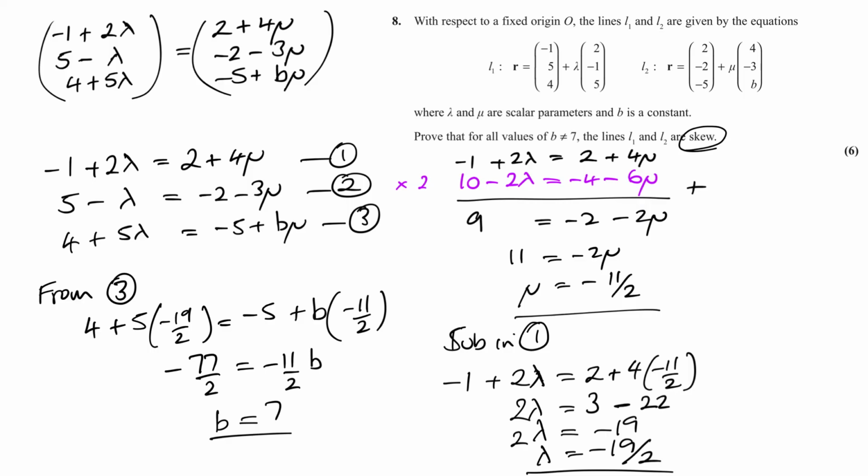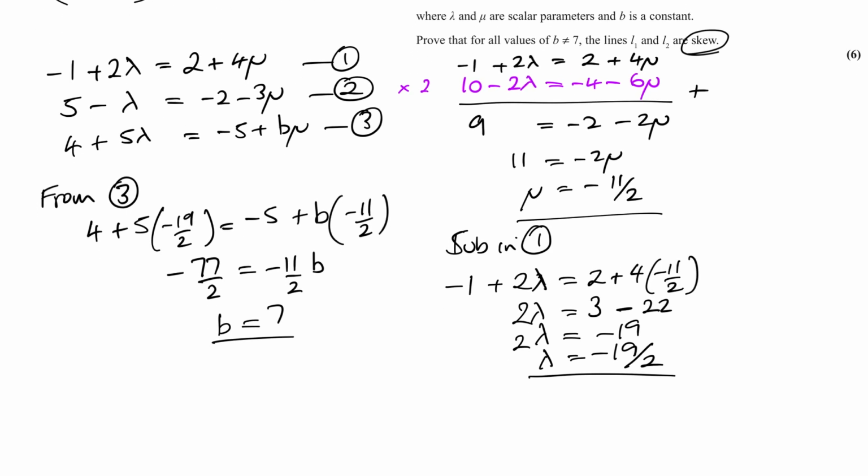Now, this is part of what we need to do next. So what we've done is we've essentially shown that these two lines intersect when b equals 7. Okay? So if they intersect when b equals 7, then we've now got to go about saying why they don't intersect.